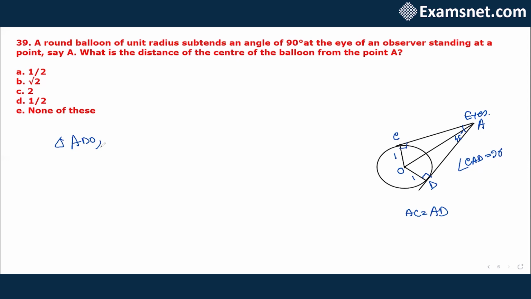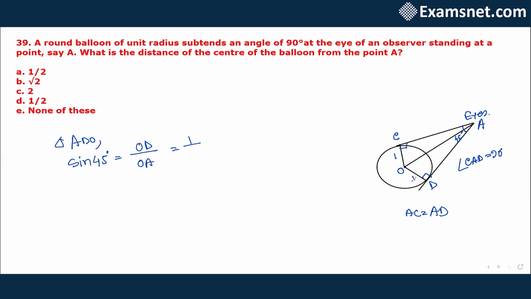So from triangle ADO we can write, since OAD is 45 degree, sine 45 degree will give us the value OD by OA. Here OD is given as 1.